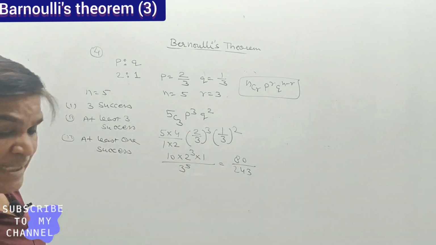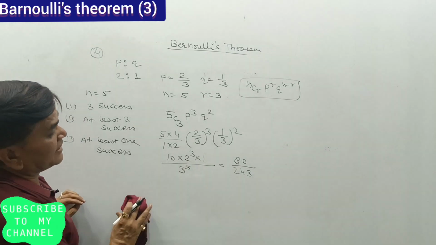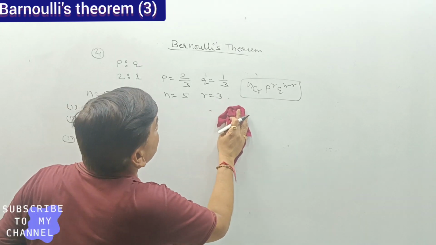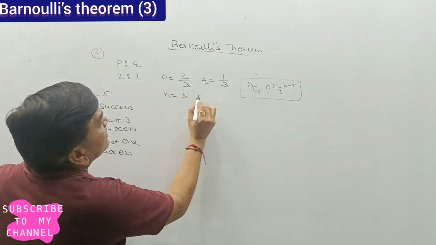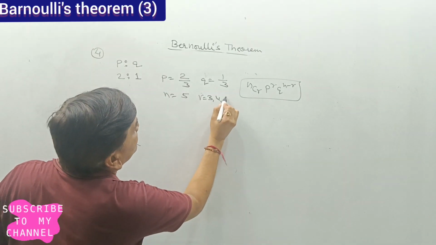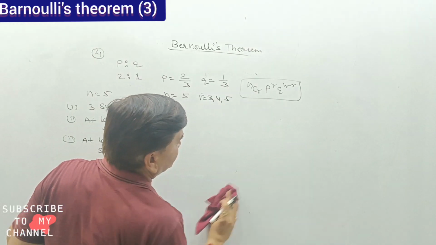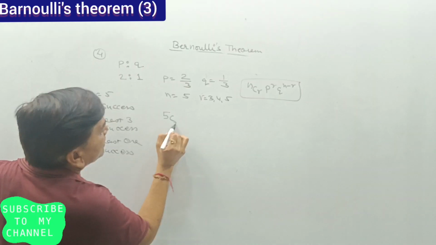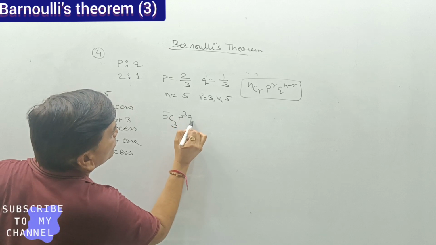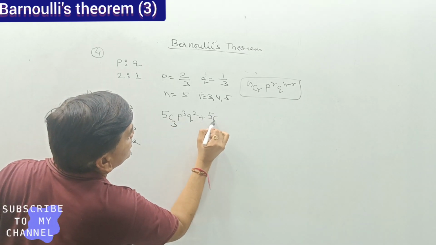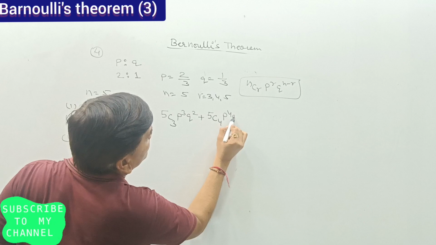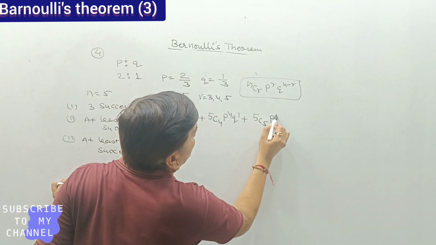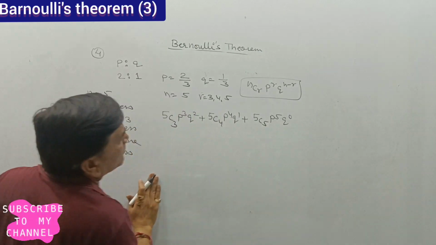Now the second one is at least 3 successes. At least 3 successes means there may be 3, there may be 4, there may be 5 successes. So that will be 5C3 P raised to power 3 Q raised to power 2 plus 5C4 P raised to power 4 Q raised to power 1 plus 5C5 P raised to power 5 and Q raised to power 0.